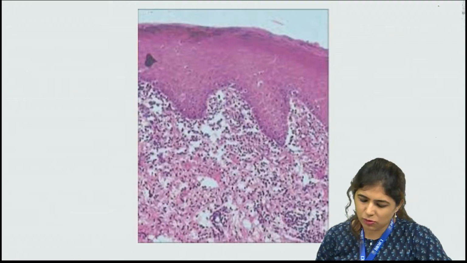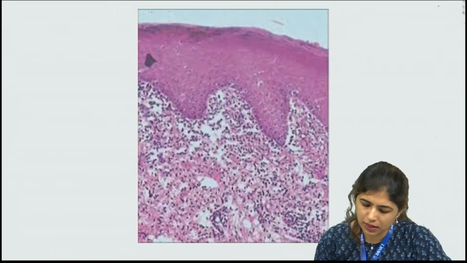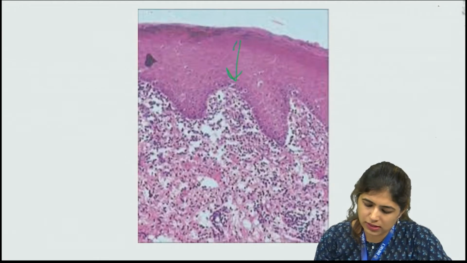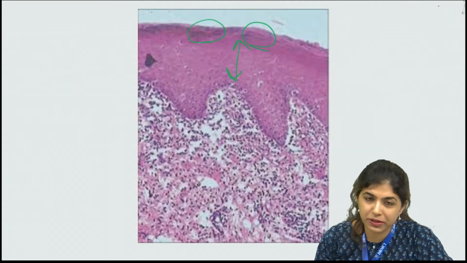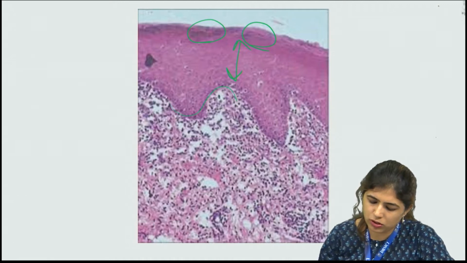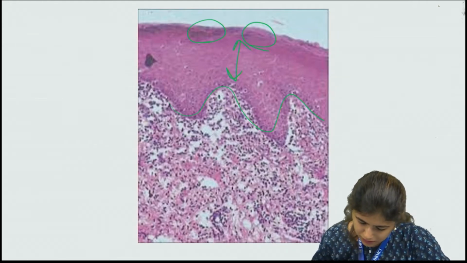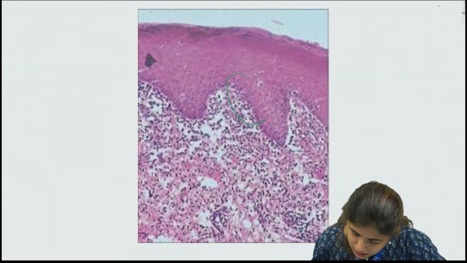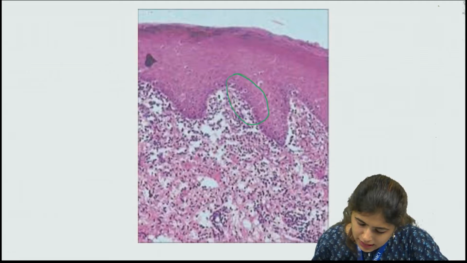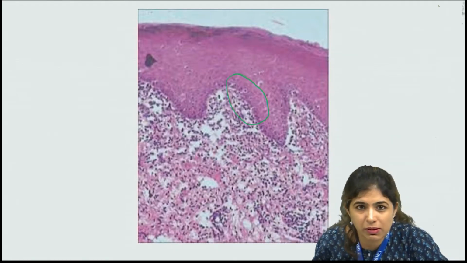Now, if you look at the histopath again, see here. This is your acanthosis. Then you see the granular layer, hypergranulosis, sawtoothing of the rete. See here in this portion of the slide. Do you see that there is no continuity of the basement membrane?